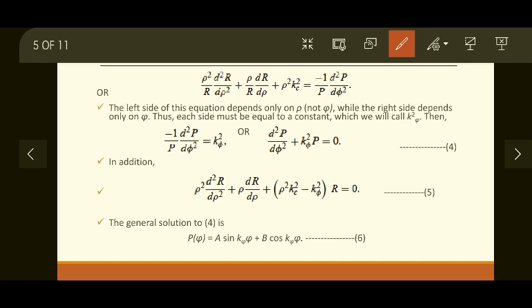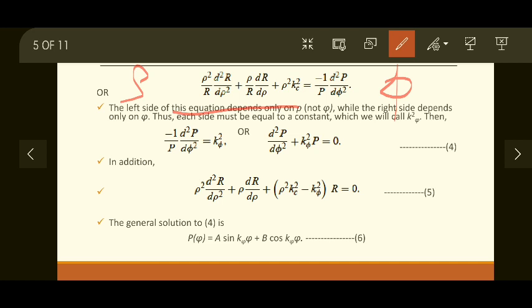So if you observe, the left hand side comprises only rho, whereas the right hand side comprises only the phi term. So the left side of this equation depends only on rho and not phi, while the right side depends only on phi and not rho.